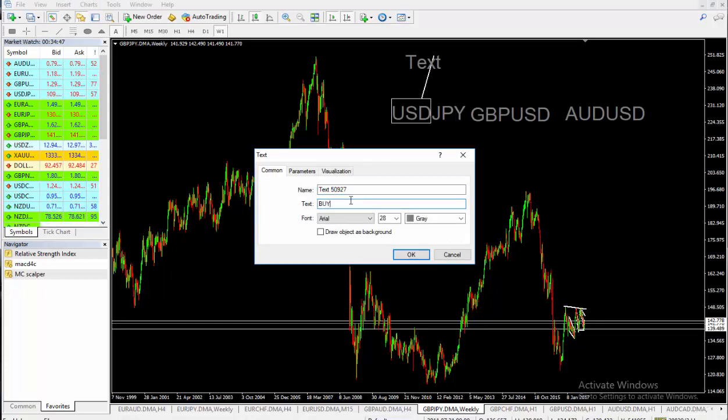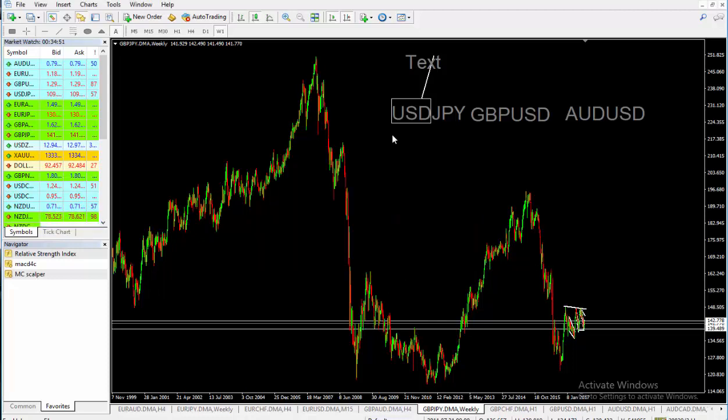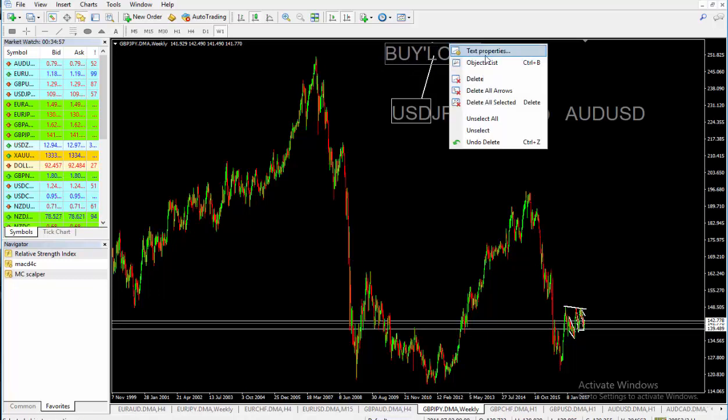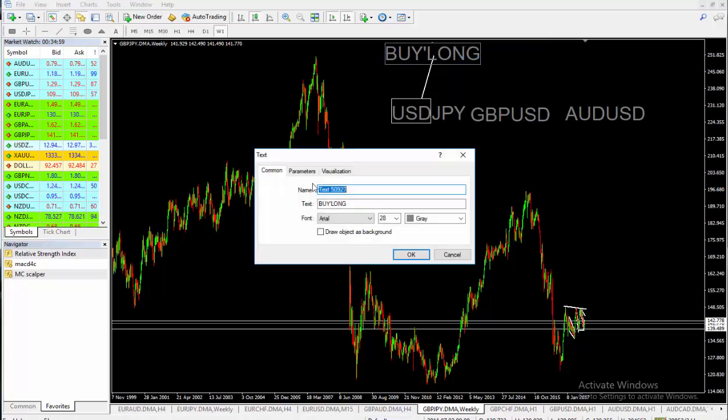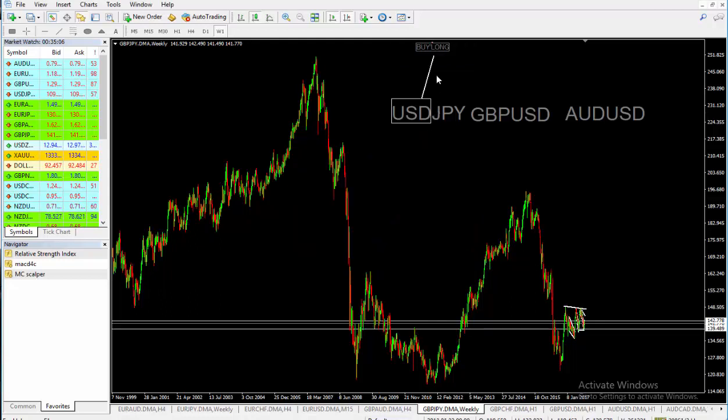It's either you're going to buy or you're going to go long, right? So what you are saying is that the dollar will strengthen. So if the dollar is going to strengthen, what should be happening here?